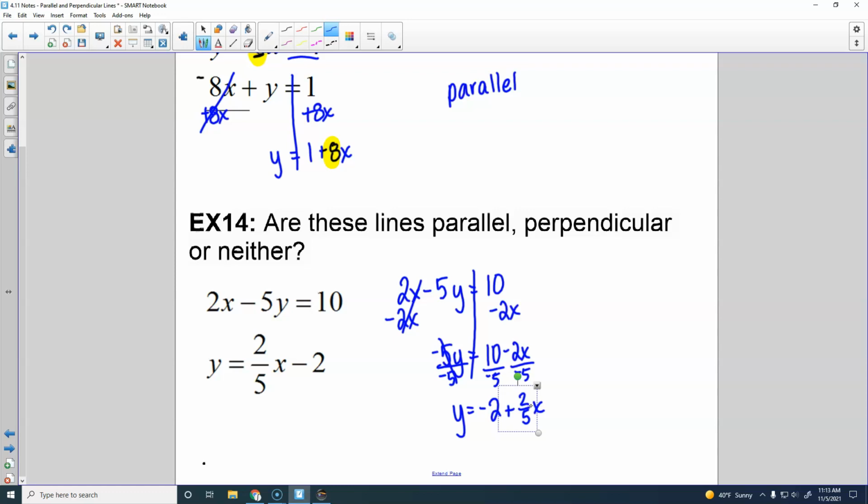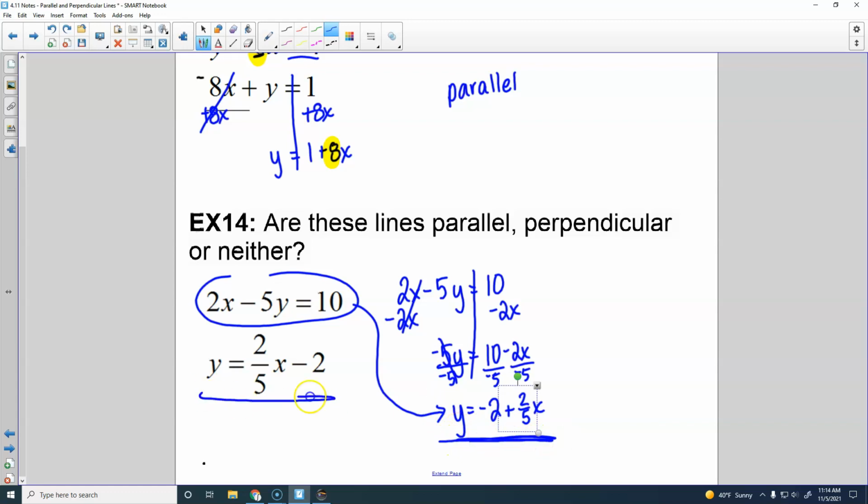What I really care about is slope and y-intercept, right? So first thing I'm going to look at is slope. So we're comparing this line right here with the other second line.